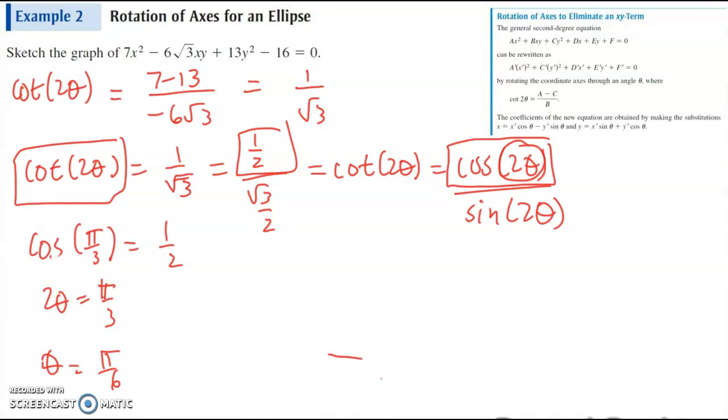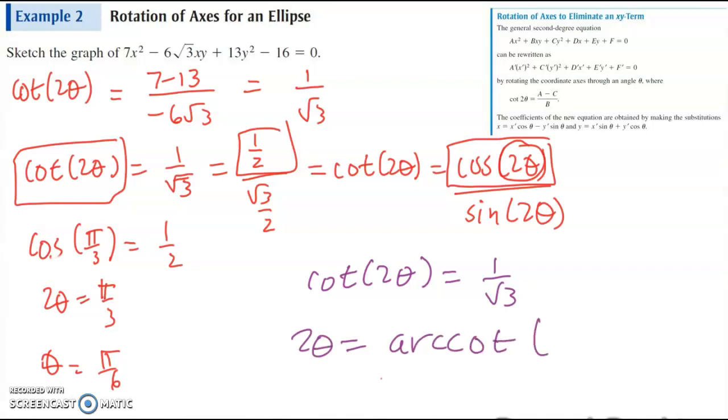Another way of solving this would be to do cotangent of 2 theta equals 1 over the square root of 3, which means 2 theta equals the arc cotangent of 1 over the square root of 3.